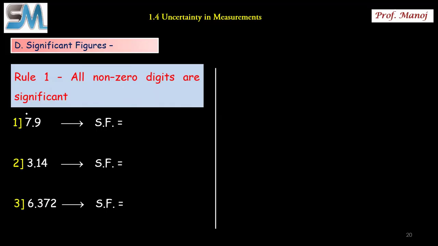Over here, 7 and 9. So significant figures are 2. 3, 1, 4. Significant figures are 3. 1, 2, 3, 4. 4 significant figures. So if your numbers are of this pattern, where there is no zero at all anywhere, the counting is very simple. This is rule number 1.